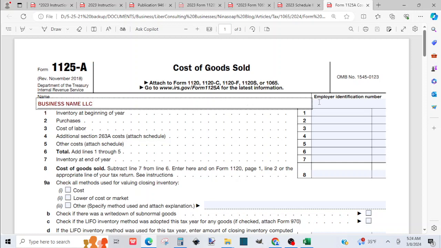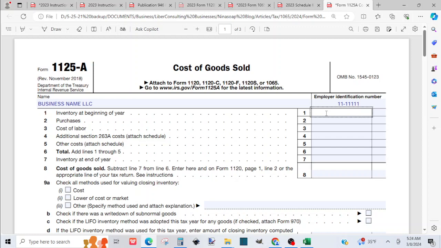and the identification number, if we can remember what we used before, and inventory at the beginning of the year. If this is your first year in business, chances are your January 1st, 2023 inventory will be 0.